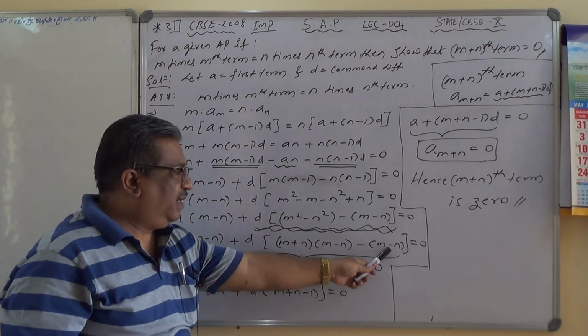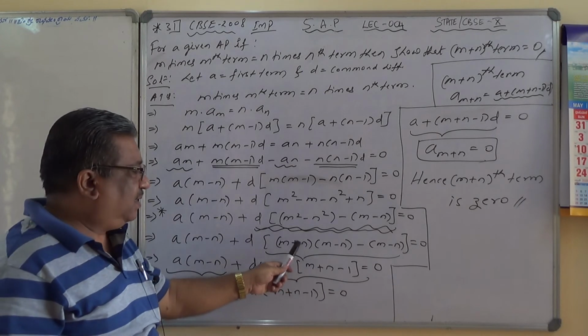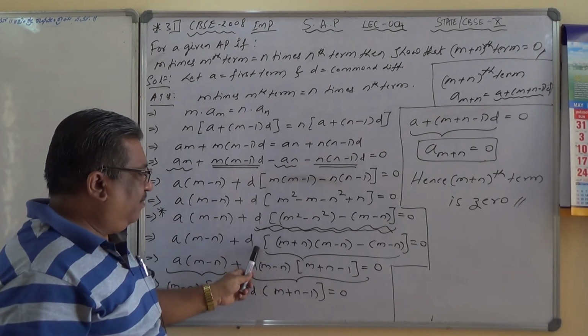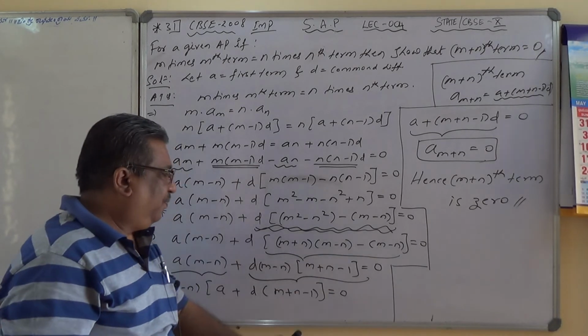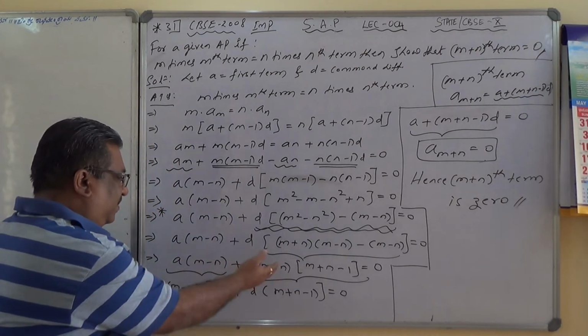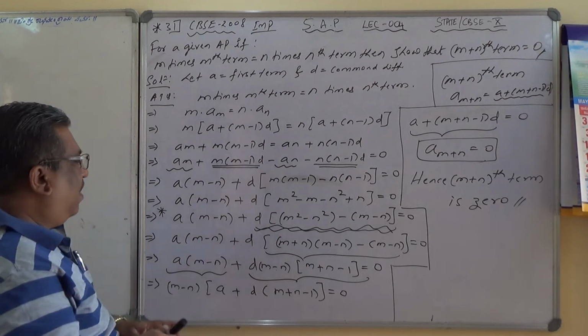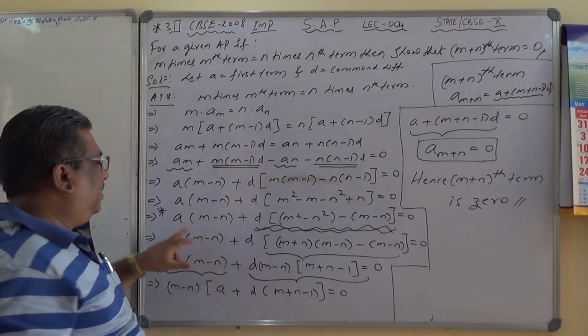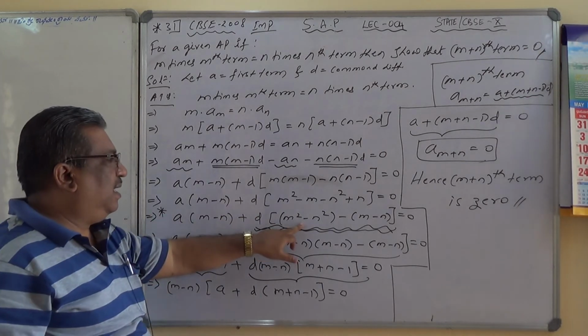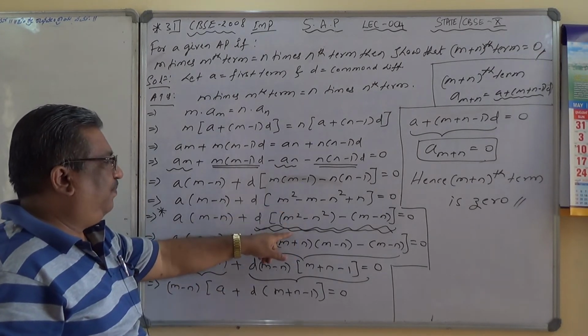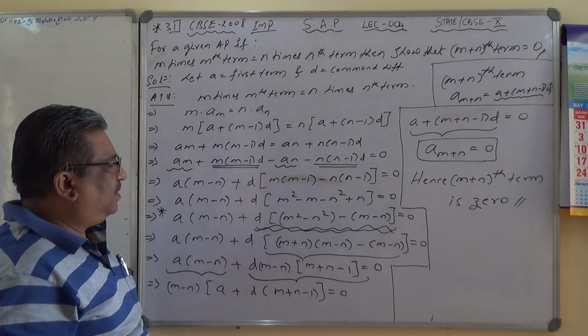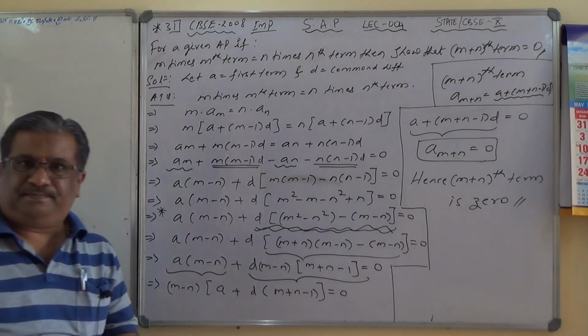Out of these two, again m minus n can come as a common term, so it will join with D, remaining is m plus n minus 1, and therefore finally in these two terms m minus n is common. So according to me, this step is very critical. You must clearly understand the transposing from this step to this step. Conversion from this step to this step is very important. Note it down.